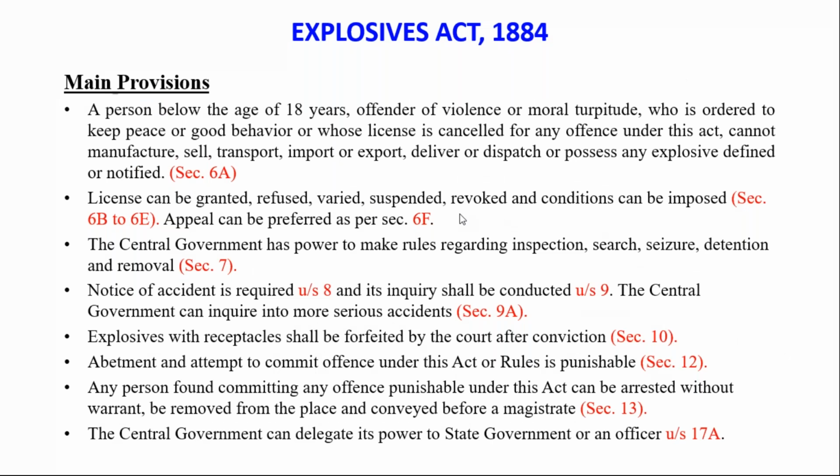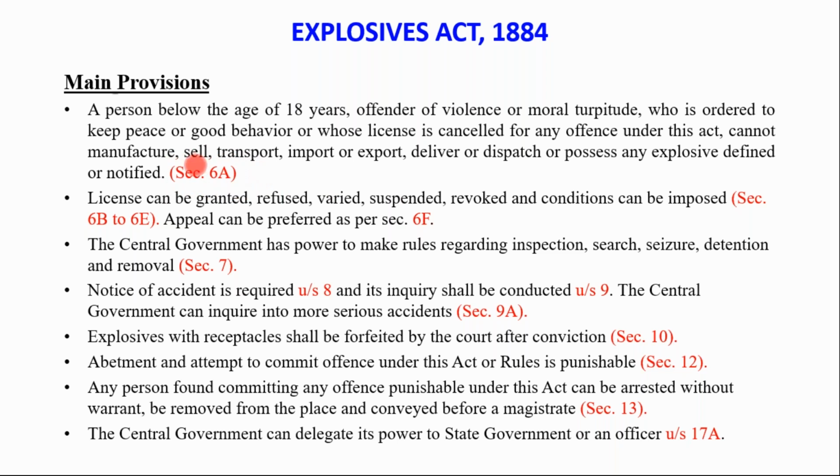The main provision of this Act: a person below the age of 18 years, an offender of violence or moral turpitude, who is ordered to keep peace or good behavior or whose license is cancelled for any offense under this Act, can't manufacture, sell, transport, import, export, deliver, dispatch or possess any explosive defined or notified.